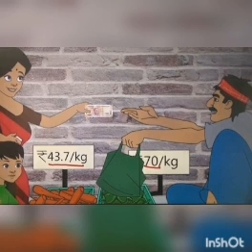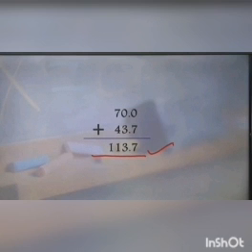So what is the total amount she needs to pay? She needs to pay the sum of these two amounts, that is she needs to pay rupees 70 plus 43.7, which is 113.7 to pay.